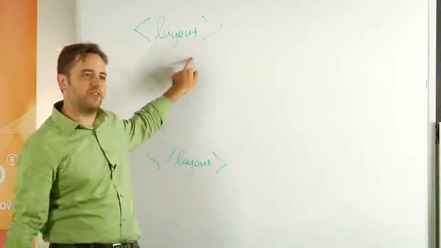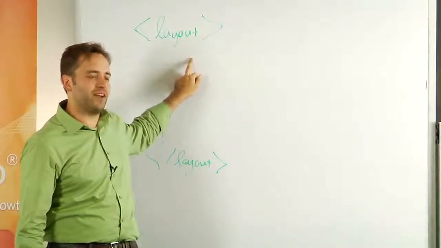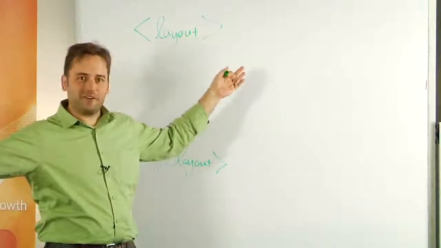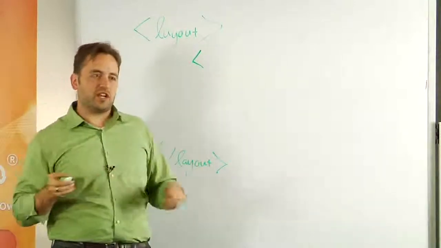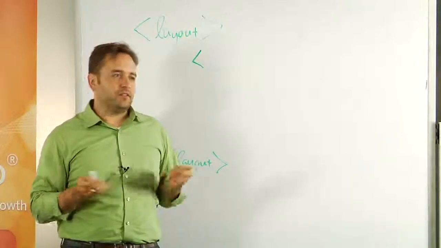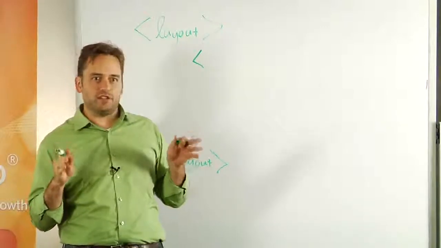Any node directly under layout is a layout handle, a layout update handle. That's all there is. Layout update handles are just a collection of layout instructions. But their naming conventions actually do matter.